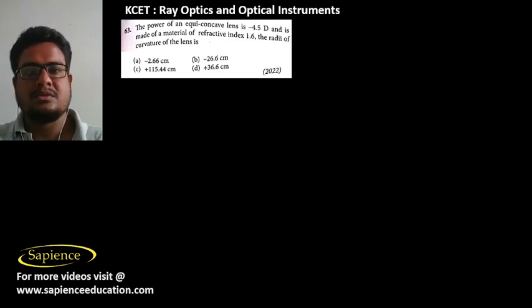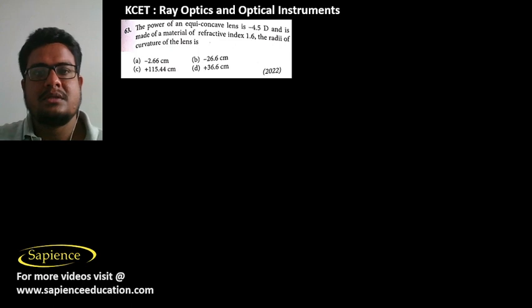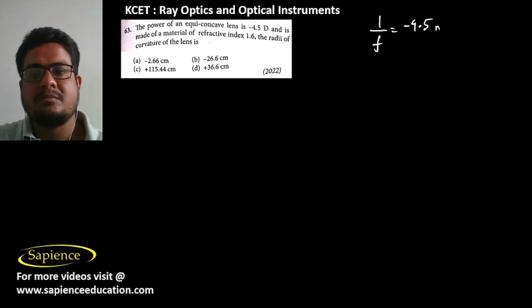And question number 63 is told the power of an equiconcave lens is minus 4.5 diopter, that is meter inverse, and is made of a material of refractive index 1.6.